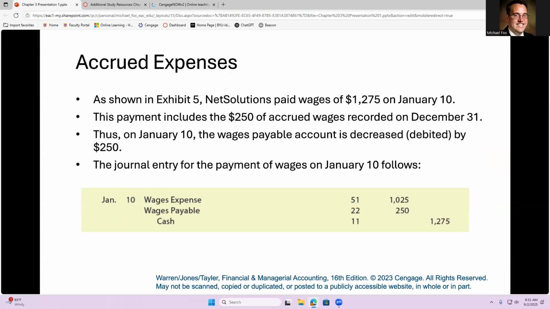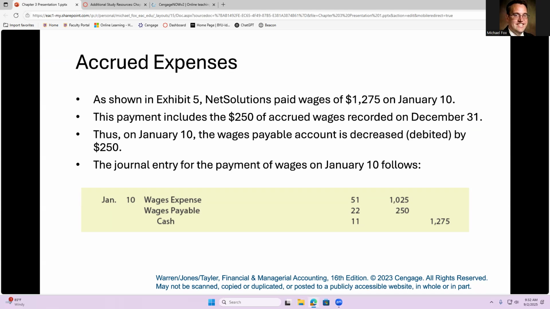Then on the next paycheck, January 10th, it'll look like this. They'll say, oh, okay, we paid wages of $1,275 on January 10th, 250 of which was just paying off that amount that we recorded as a payable at the end of the previous month. And then the 1,025 was all wage expense for January. Does that make sense?